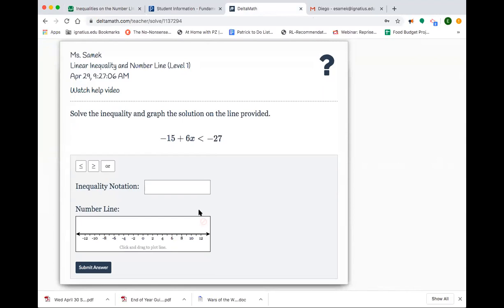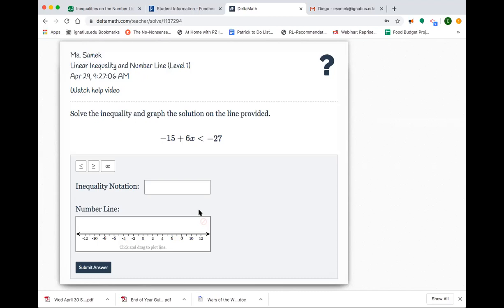So if you were solving this problem, what would be the first thing you would do? You have -15 plus 6x is less than -27. So what would you do first? Let's solve it. Add 15 to both sides. Yeah, we would add 15 to both sides. Good. So now we have 6x is less than, if I have -27 plus 15, what does that give me? -12, thank you.